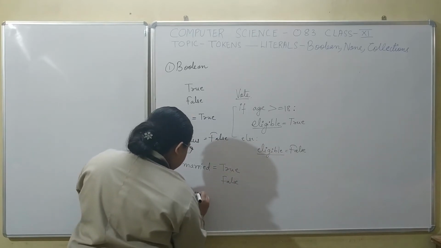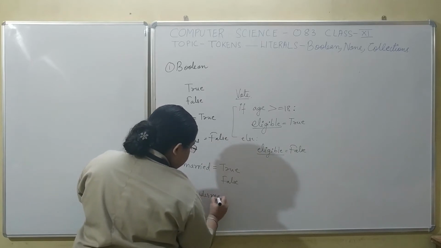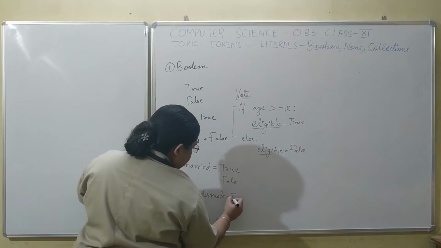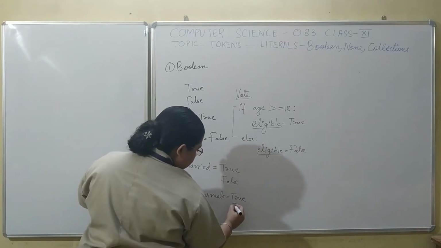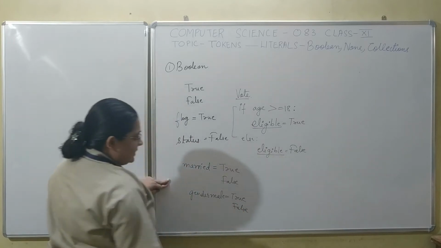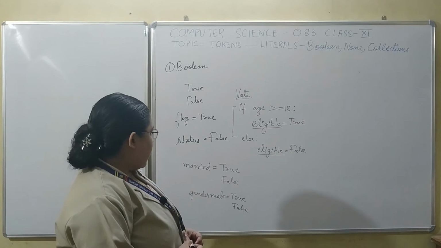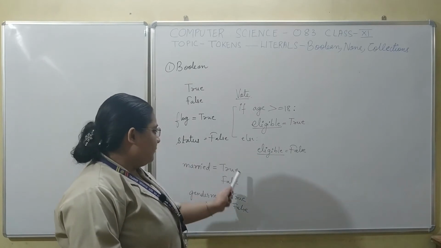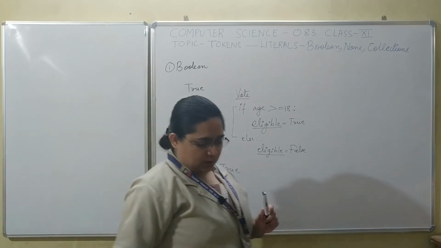I can take a variable gender male, and it could be either true if the gender of the person is male, or it could be false which represents the gender as female. So in these ways I can take values which contain only two values, that is true and false.